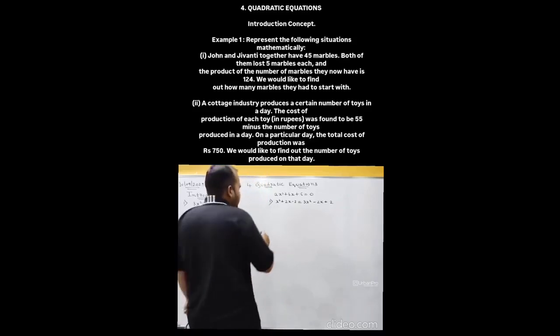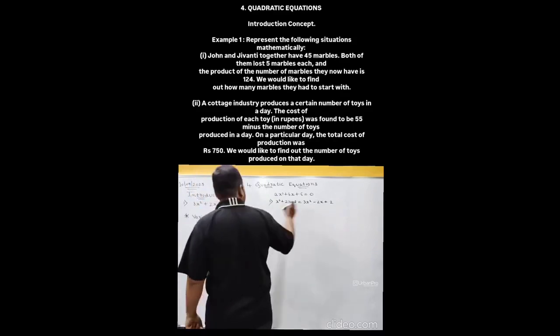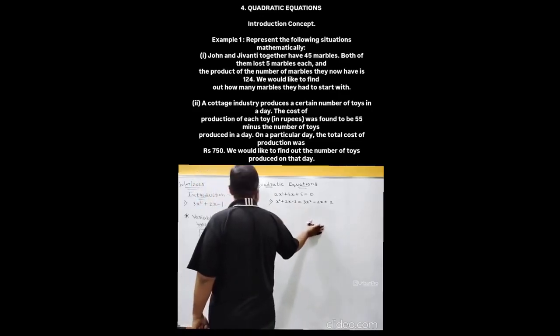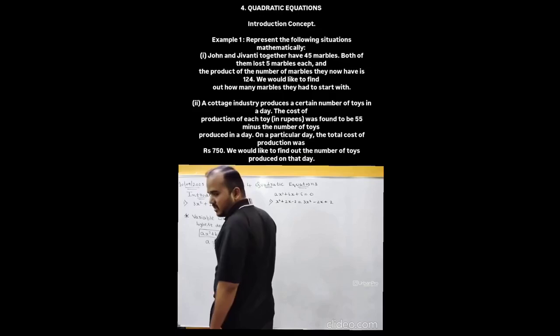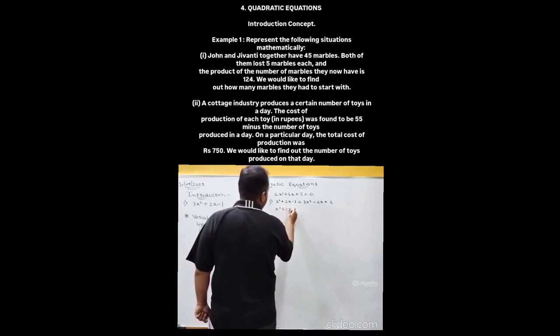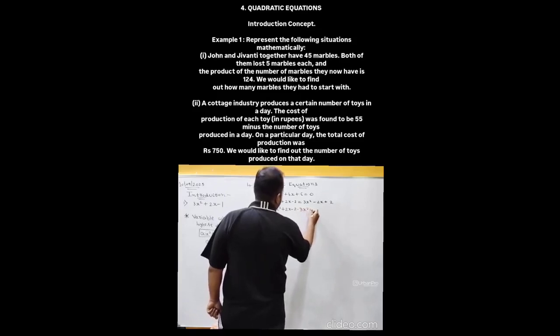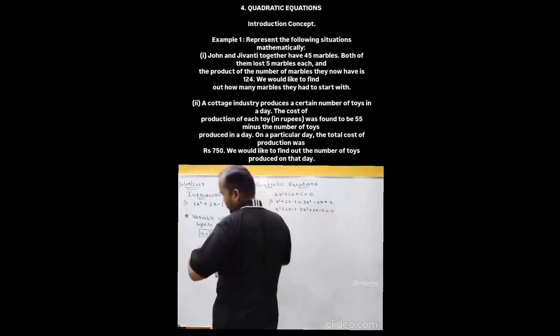So see here, keep x square on the left-hand side as it is. Whatever is on the right-hand side, shift it to the left-hand side. Whenever you shift it, the sign will change. So x square plus 2x minus 2 minus 3x square plus 2x minus 2 is equal to 0.